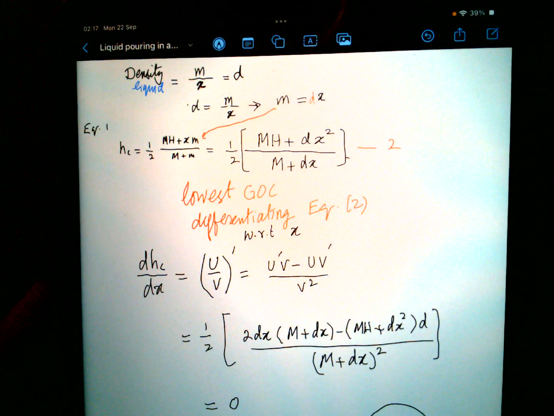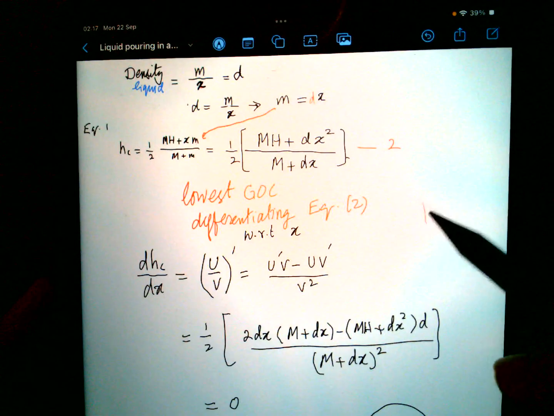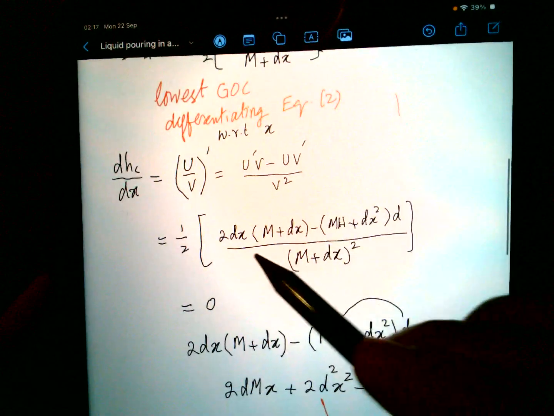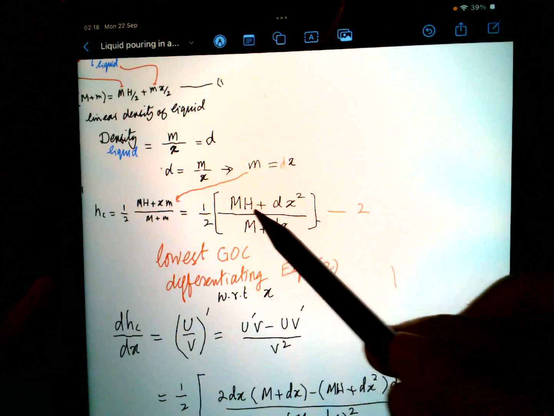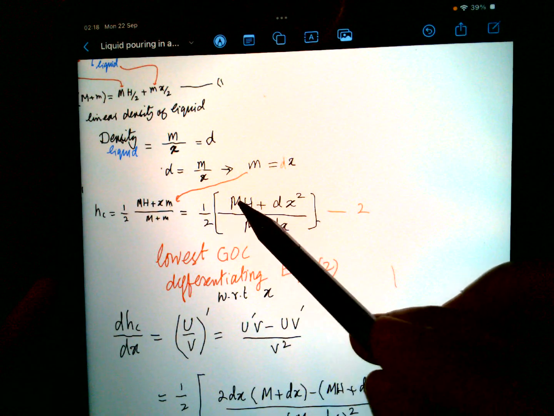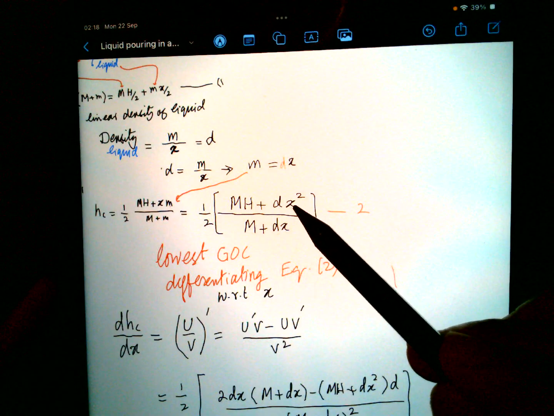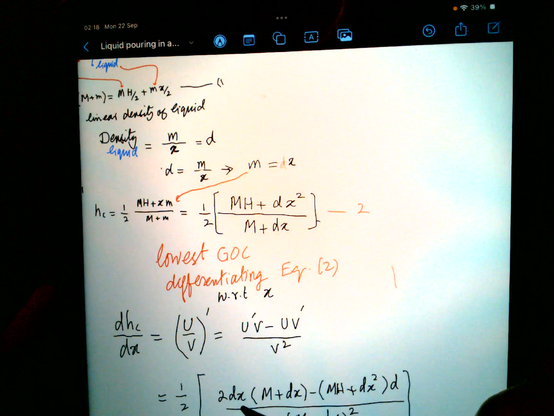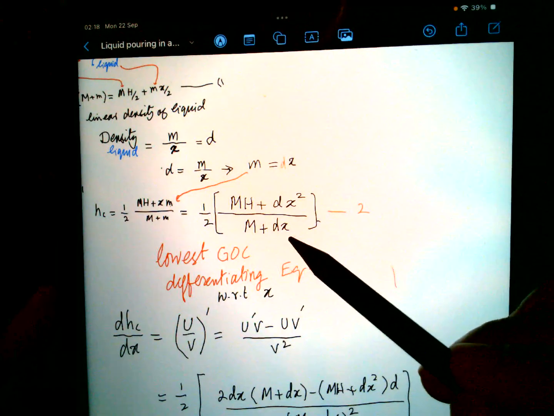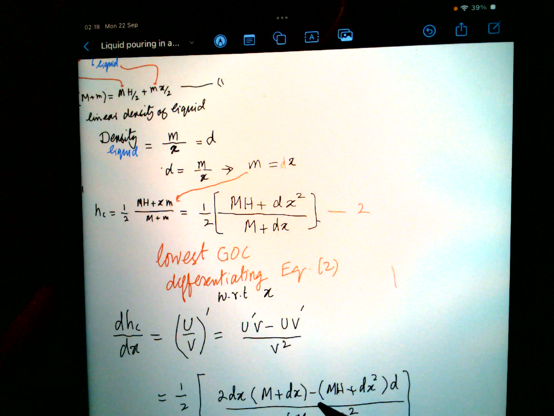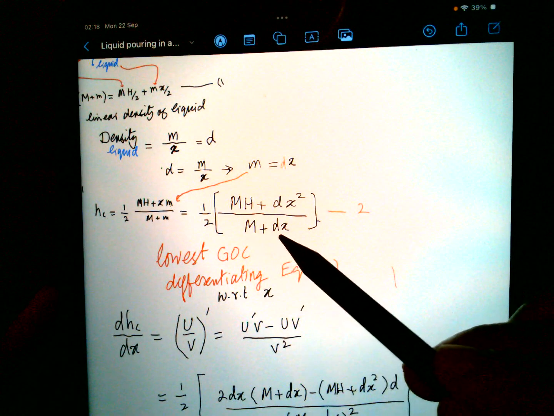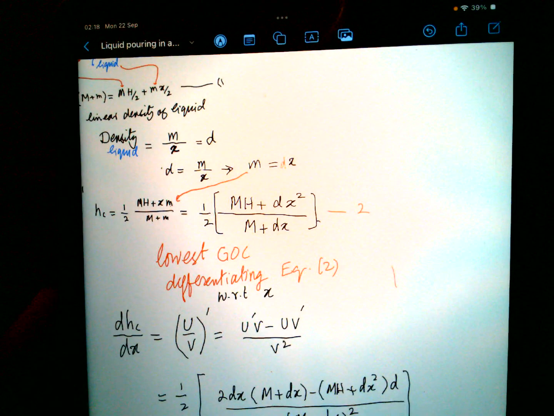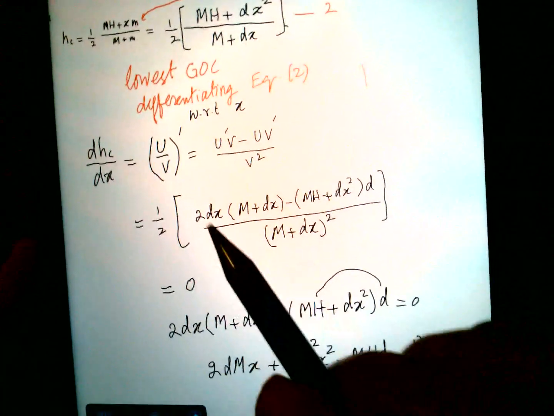For the derivative, this is u and this is v. M is constant. The derivative of u will be 2dx over 2, into v, where v is M plus dx, minus u into the derivative of v, which is d, all over v squared.